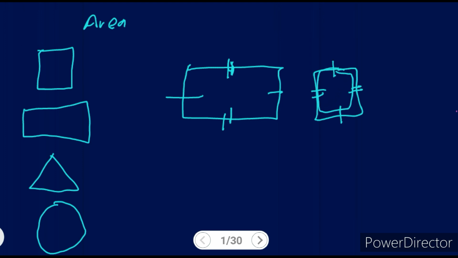So a square is a rectangle, but a special type of rectangle, because in a square all sides are equal. This side is equal to this side, and this side is also equal to this side.